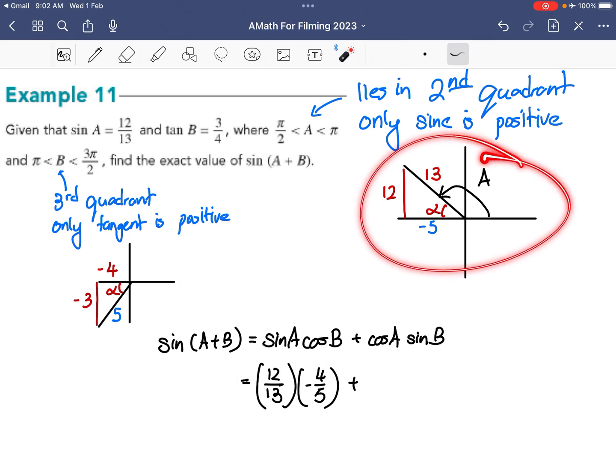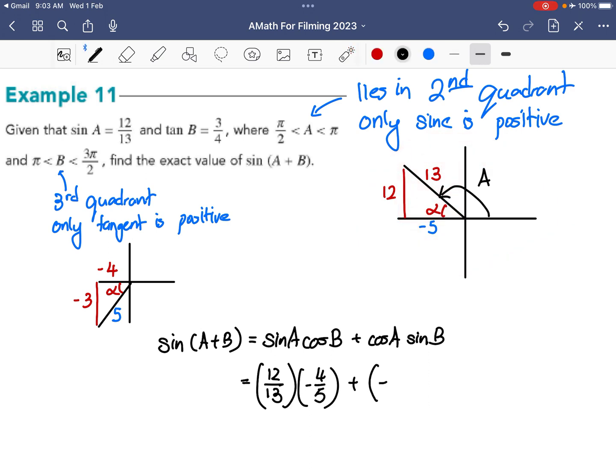Plus cosine of A. For cosine of A, I go back here again. Adjacent over hypotenuse from this triangle: adjacent is negative 5, the hypotenuse is 13. So cosine of A gives me negative 5 over 13. We check: in the second quadrant, only sine is positive, and I got a negative value for cosine of A, so this is correct. Sine of B comes from this diagram again.